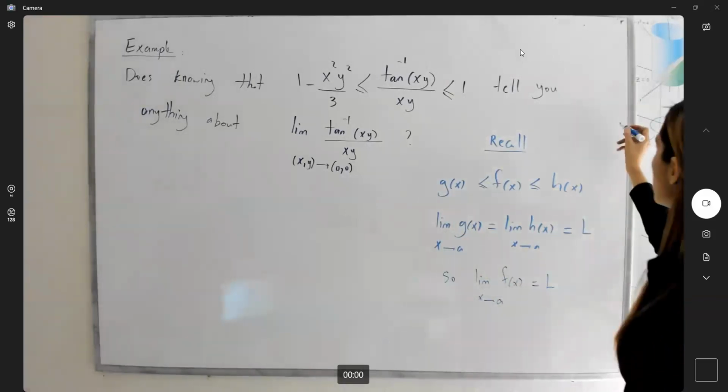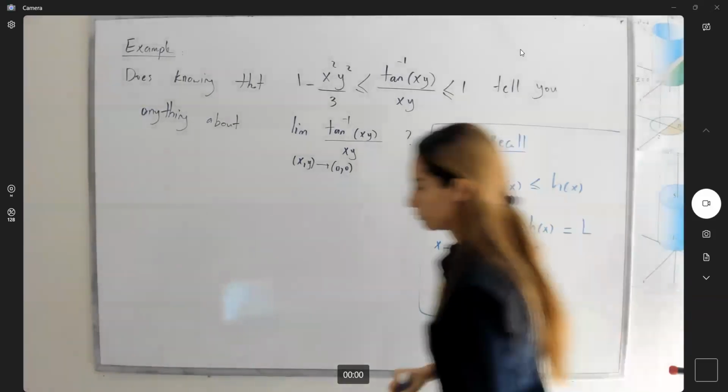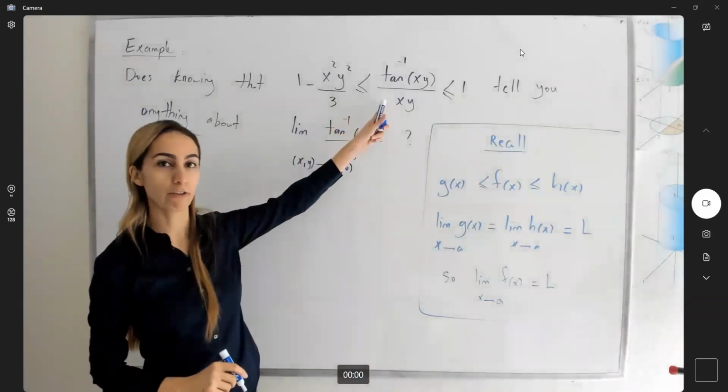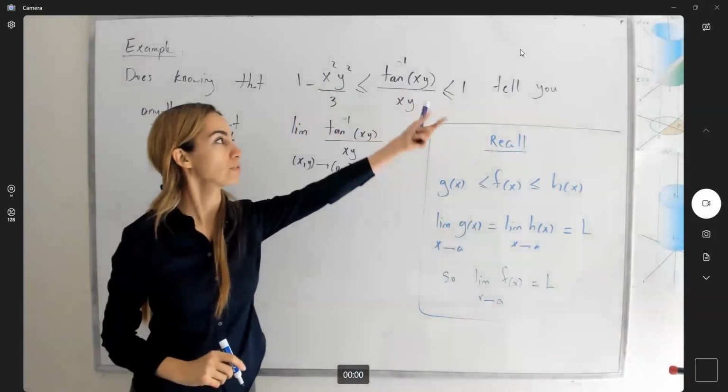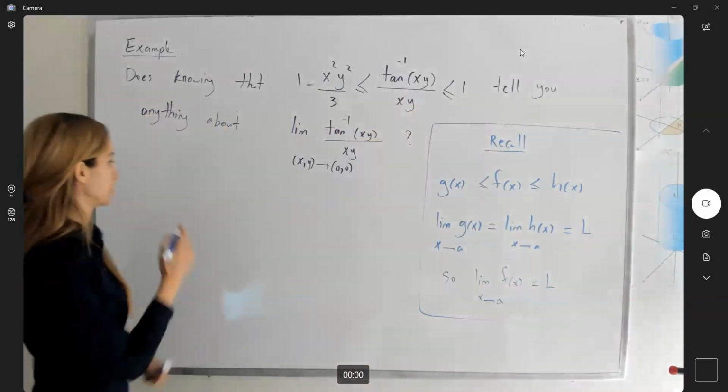We are extending the idea, generalizing the idea to a two-variable function. You're going to say that, hey, since I know the middle function is bounded between two other functions, let's just start taking the limit.